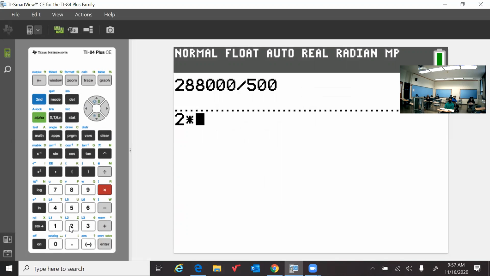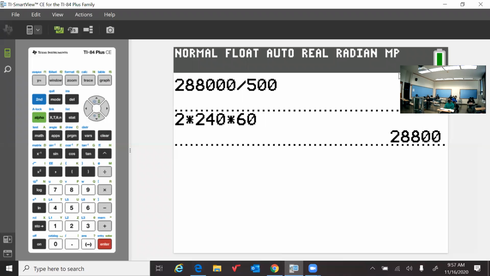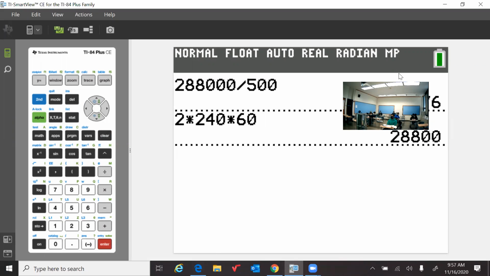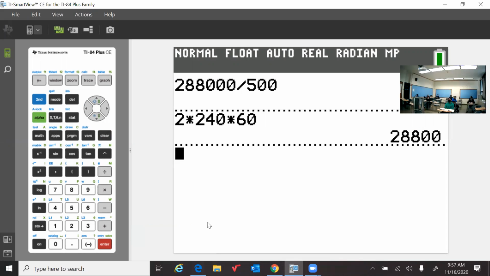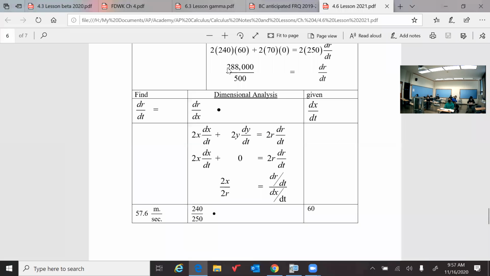Two times 240 times 60. Yeah, it's 28,800, not 288,000. All right, so I'll edit that. This numerator should be 28,800, and that's what takes you to 57 6/10 meters per second.